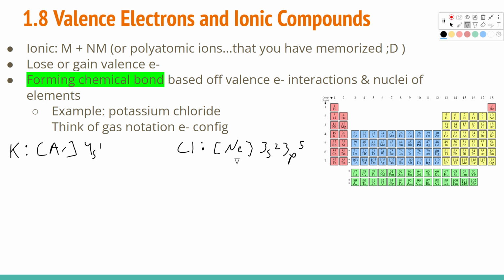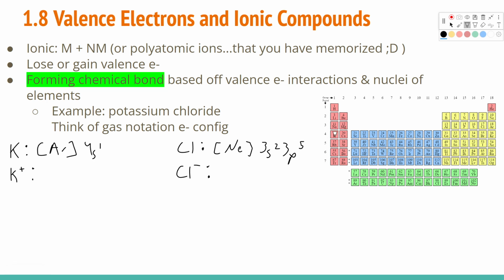And then for chlorine, I can gain one more electron to make this 3p6, and so then that would be entirely filled in energy level 3, and the valence electrons would be filled by gaining an electron. So again, potassium would lose an electron, chlorine would gain one and become chloride, and just to reiterate that with the electron configuration of those here.